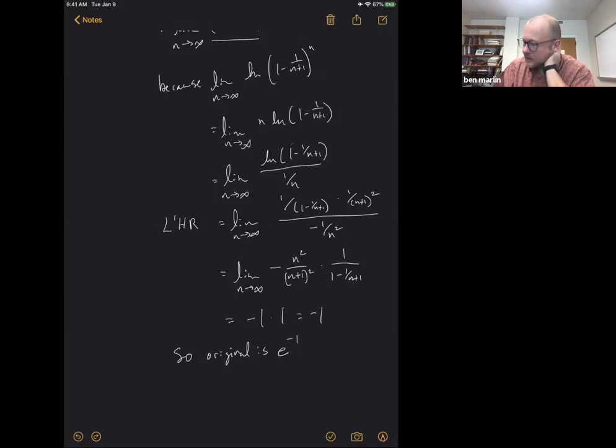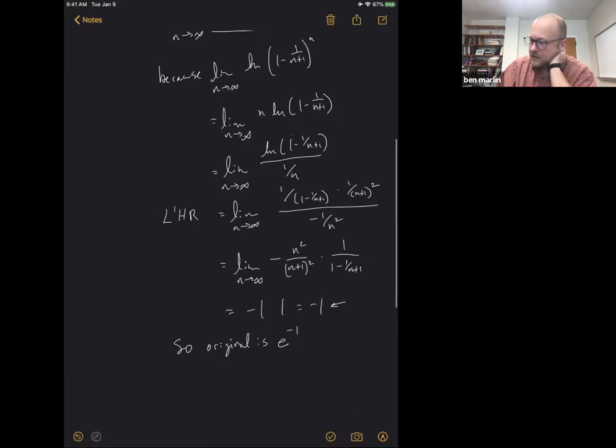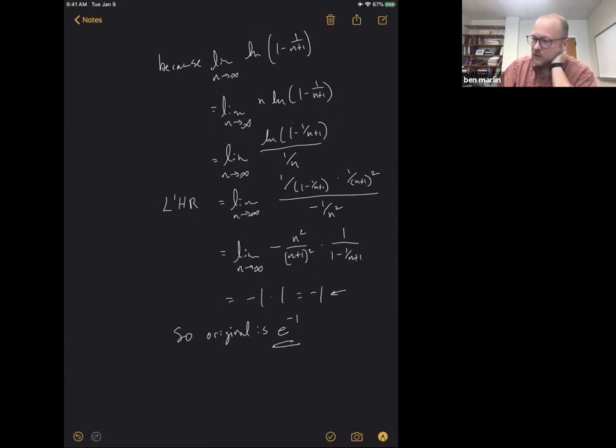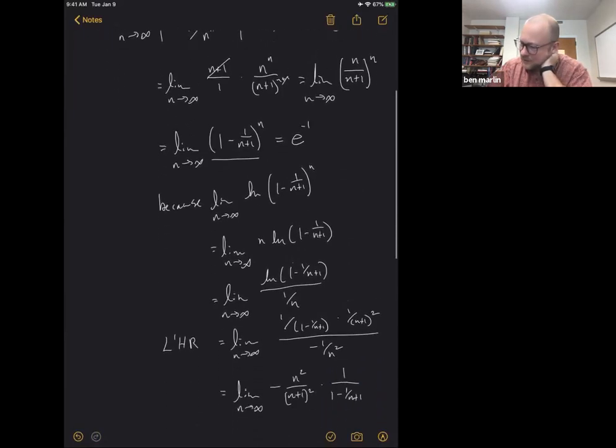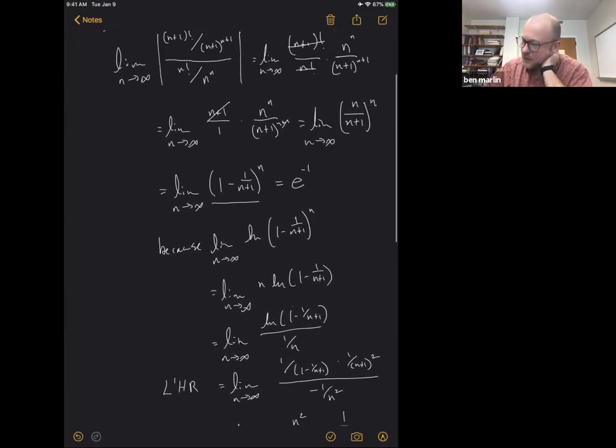So that means our final limit is negative 1, but that final limit was the logarithm of what we wanted. So we have to exponentiate, and that's where we get the e to the minus 1. Okay? So where was that? Way up here. Okay, so this e to the minus 1 is less than 1. Okay?